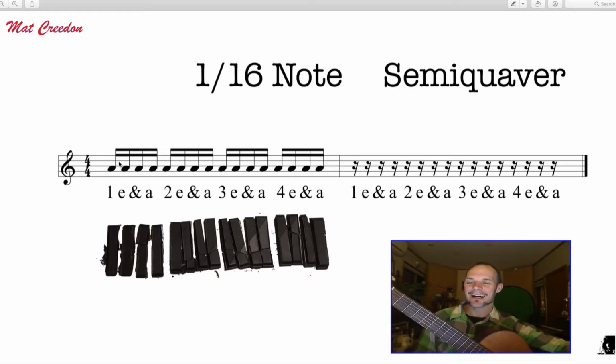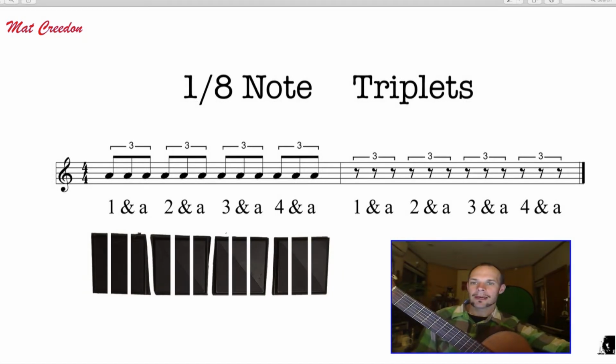Anyway, let's keep moving. Now here is an 8th note triplet. Now triplets, notes are not only just cut in half, they can also be cut into thirds, and this is the case here. Each of these little brackets of 3 notes equals 1/4.